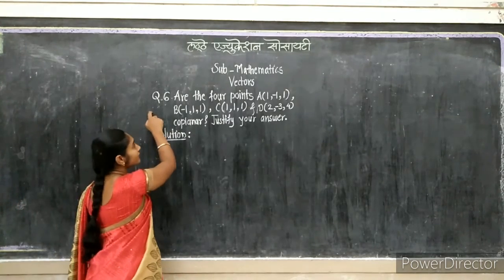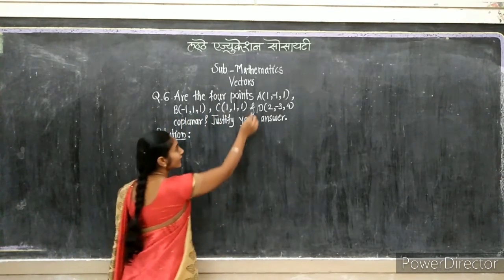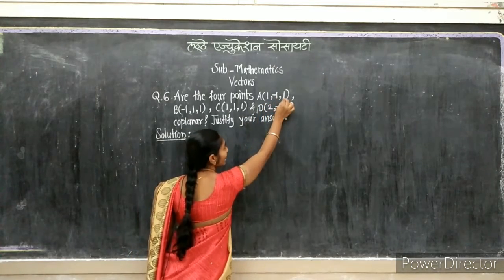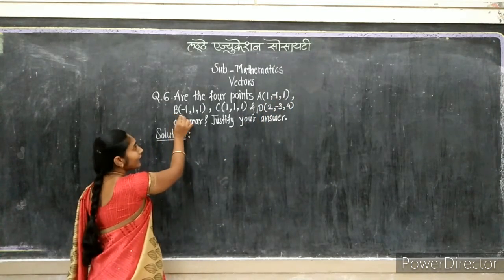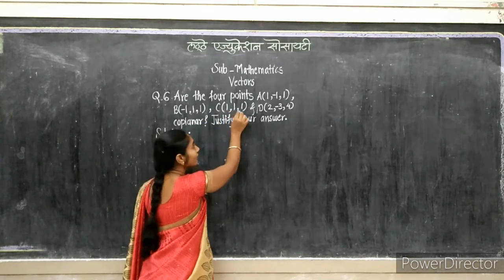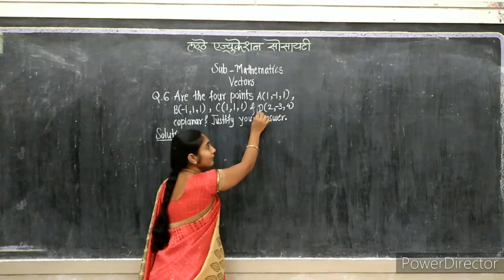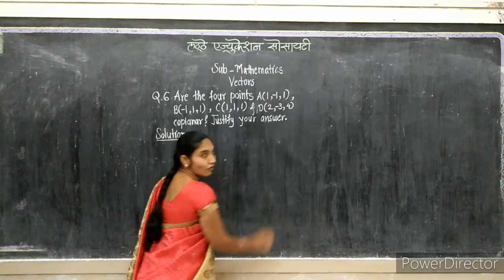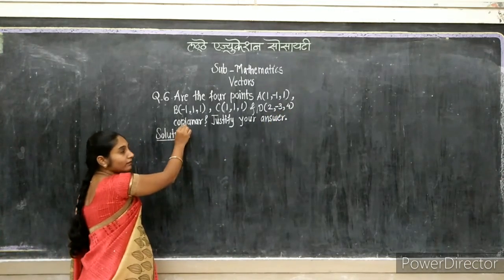Question number 6. Are the 4 points A(1, minus 1, 1), B(minus 1, 1, 1), C(1, 1, 1) and D(2, minus 3, 4) coplanar?